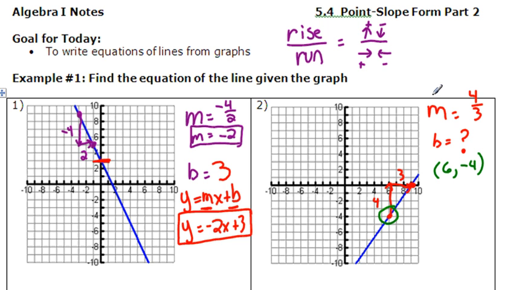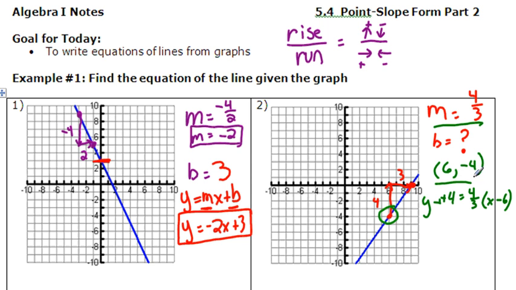Since I have a slope and a point, I'm going to write it in point-slope form. So y minus y1, so that's -4, my ordered pair, equals the slope, so 4/3, times x minus x1, and my x1 is 6.